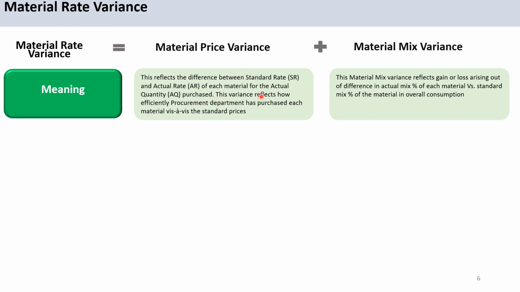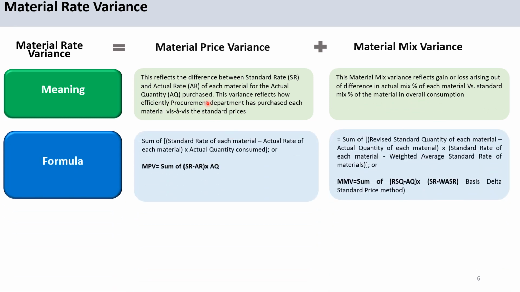So this variance reflects how efficiently or inefficiently the procurement department has purchased each material versus the standard prices. And the material mix variance arises due to difference in actual mix percentage of each material versus the standard mix percentage of material in the overall consumption.